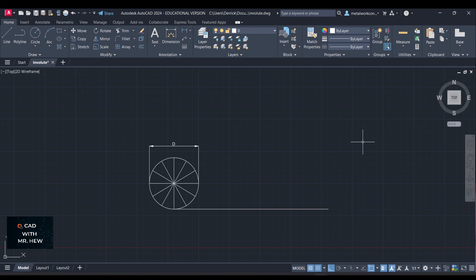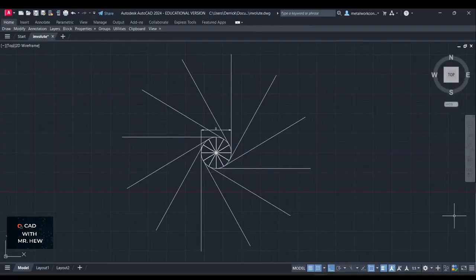The next thing we want to do is get lines tangential, or 90 degrees, to the end of each of these divisions at the end of the circle. So here we have the lines drawn 90 degrees to each of these divisions that we divided the circle into in the previous step.